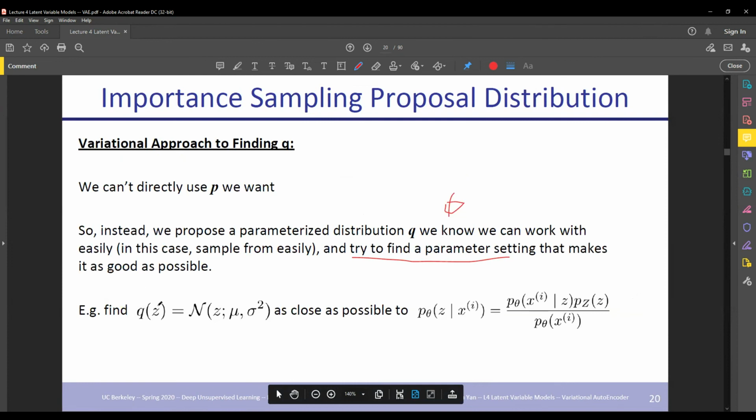Now we get to solving this problem, which is how do we choose a Q parameterized with phi. Q is a distribution of Z. So how do we find a distribution of Z that is as close to this probability distribution? In order to find two distributions that are close to each other, we use the KL divergence equation.